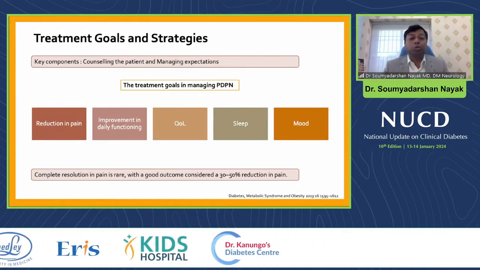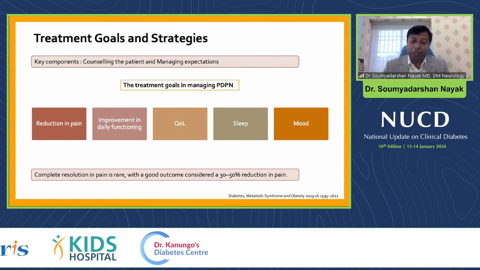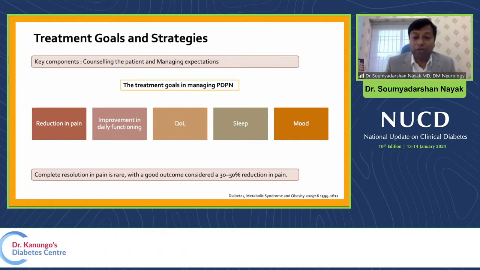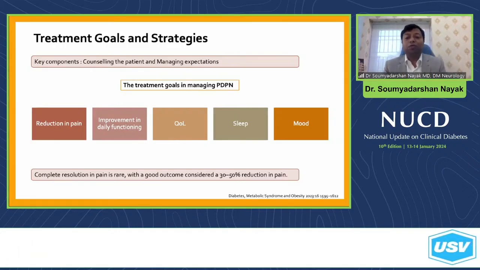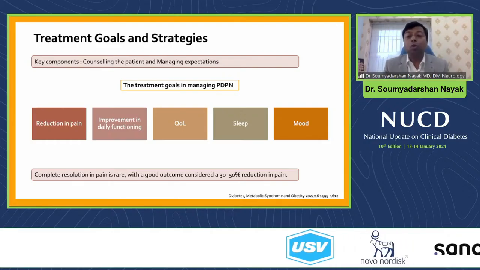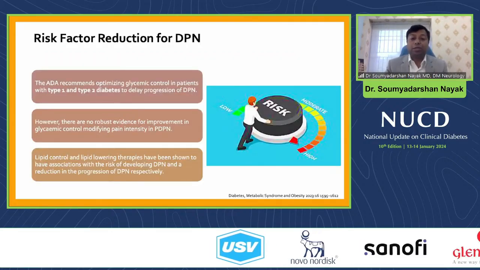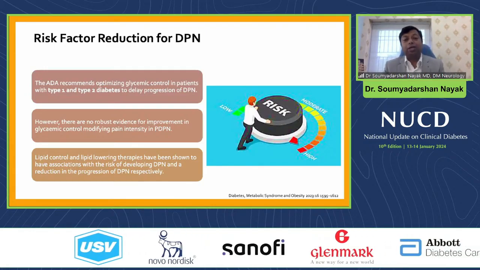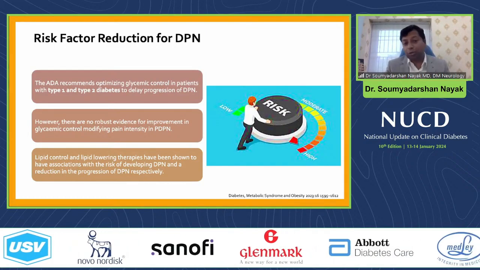That would lead to improvement in daily functioning. There are other questionnaires which ask for quality of life, sleep, and mood. So a 30 to 50% reduction is the initial goal. Do not be over-aggressive and treat till the patient has nil pain. It is very, very difficult to achieve.